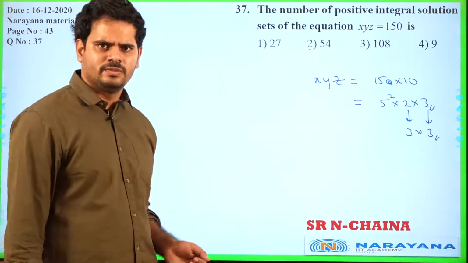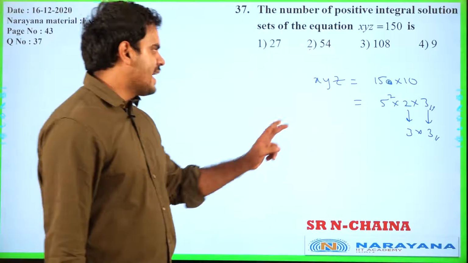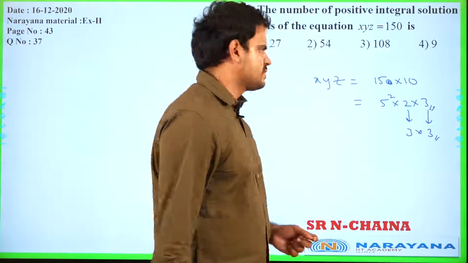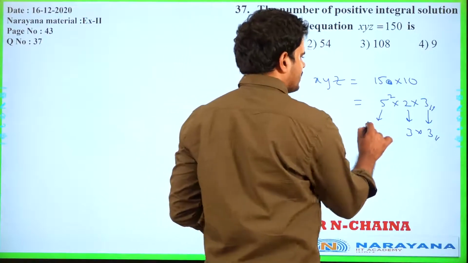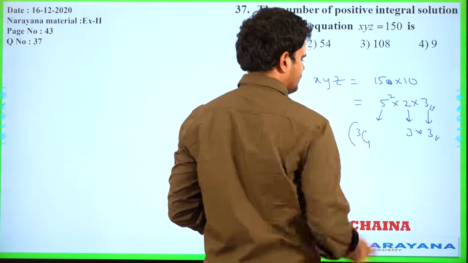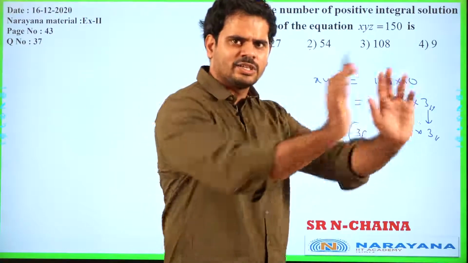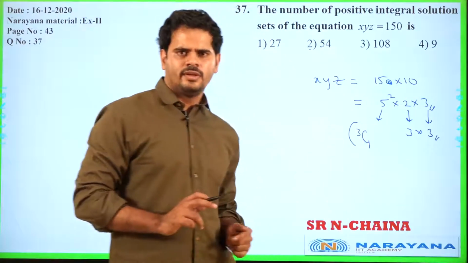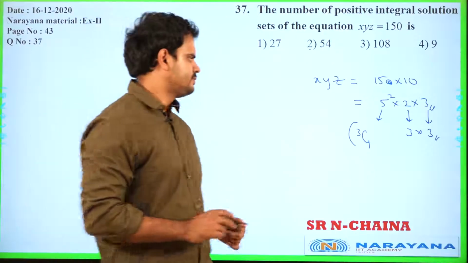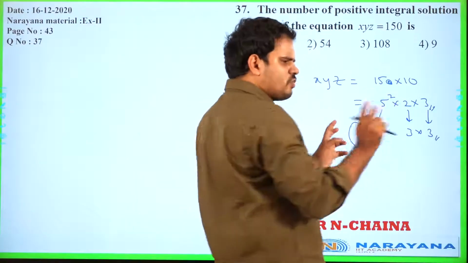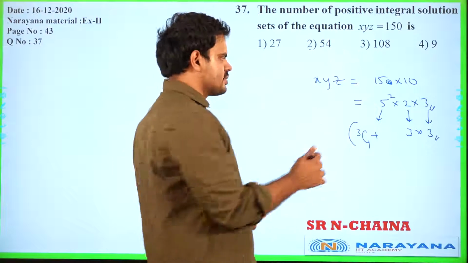What about 5? I have two 5s. So this one can take only one place, meaning 5 square as a single term goes to one place. Or these two 5s can take any 2 places, so it becomes 3c2.